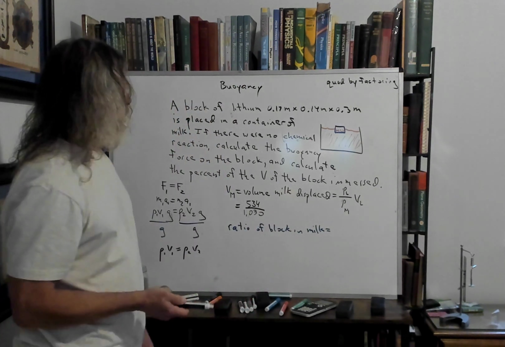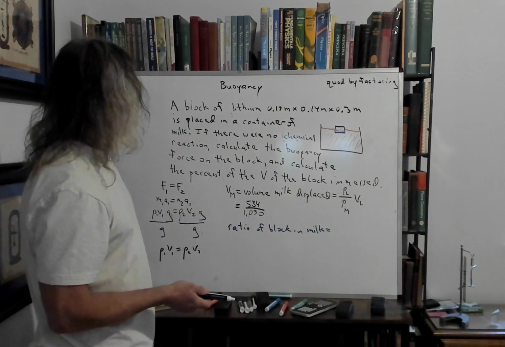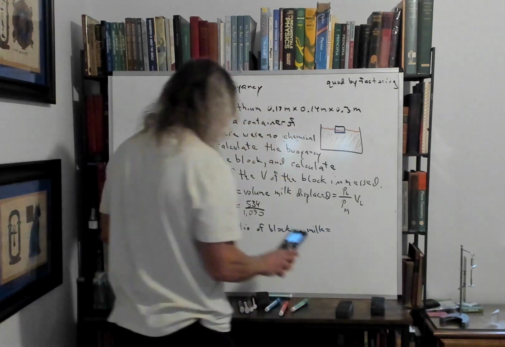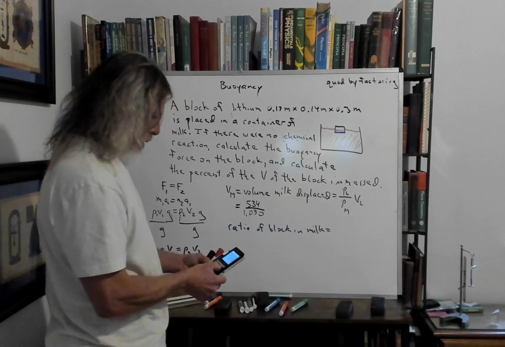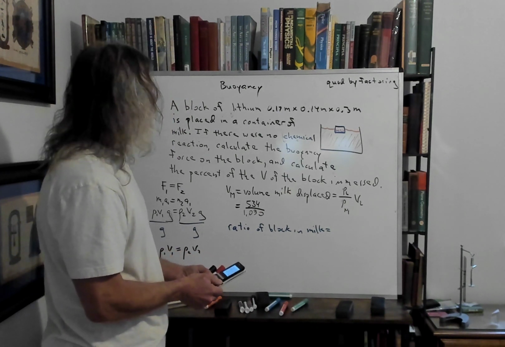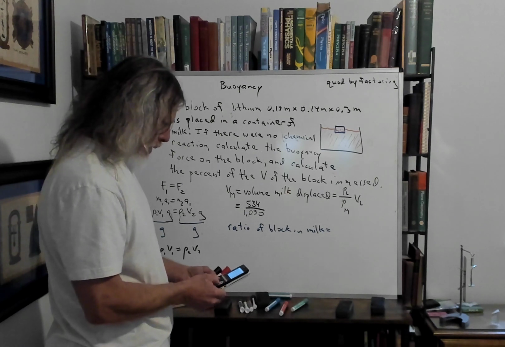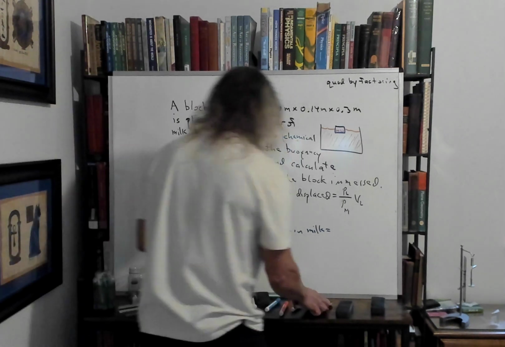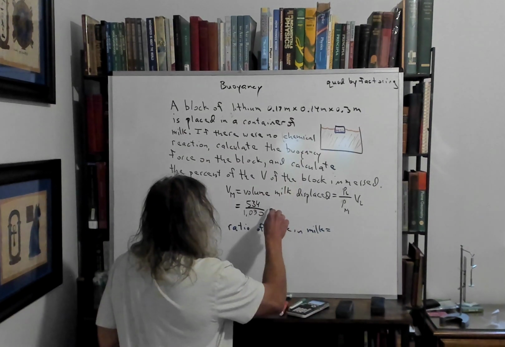And then the volume of lithium is here. We got 0.17 times 0.14 times 0.3, 0.00714 cubic meters.